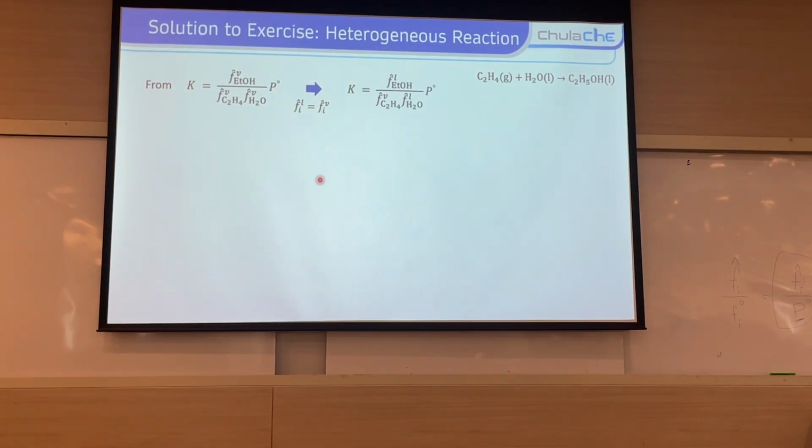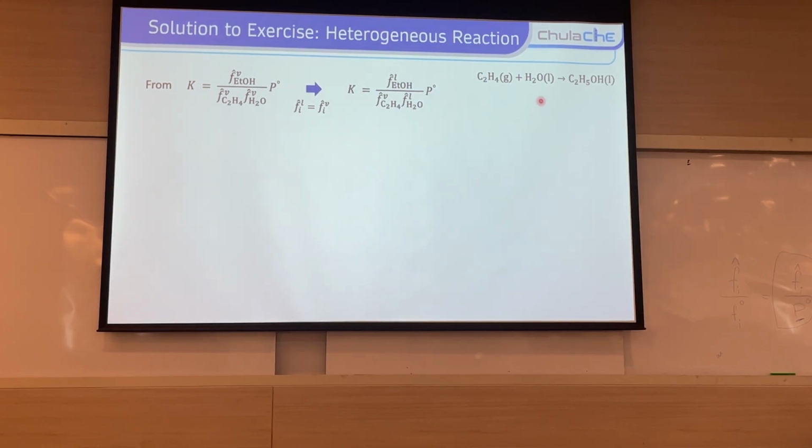So to do that, you can use the criteria of phase equilibrium to change the fugacity of the gas into liquid or the fugacity of the liquid to vapor, because the fugacity of the species in the liquid and vapor phase should be equal together.